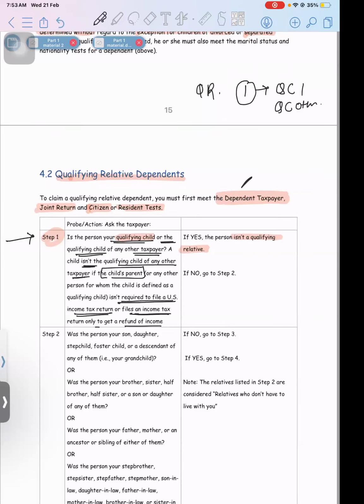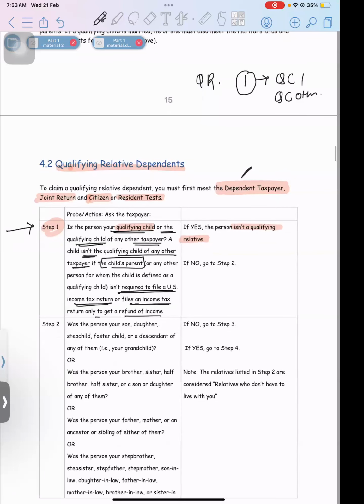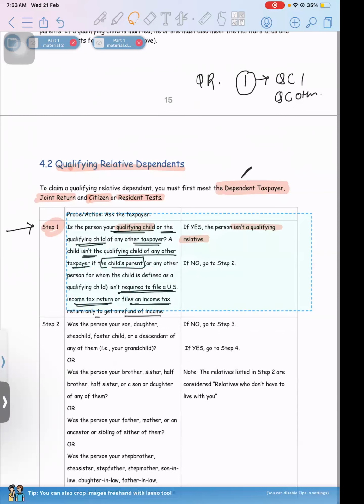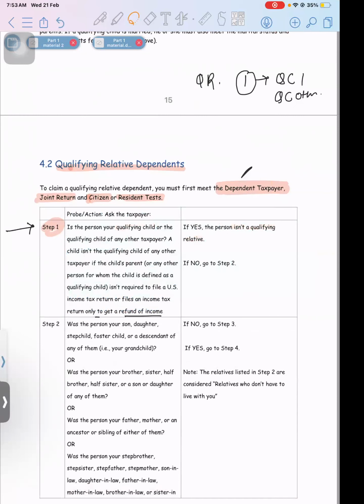So for her, this condition will be fulfilled, that her own child is a dependent of another taxpayer, meaning her son is claimed as a qualifying child on my return, right? So think like that. Other taxpayer means anyone else. Got it, Nagraj?